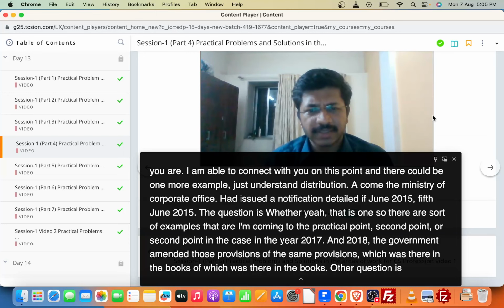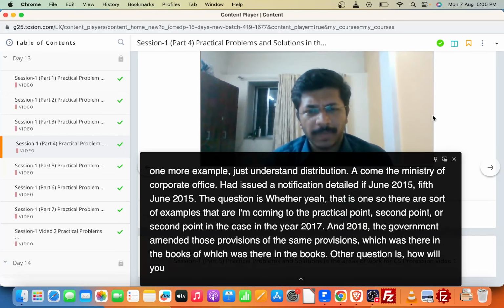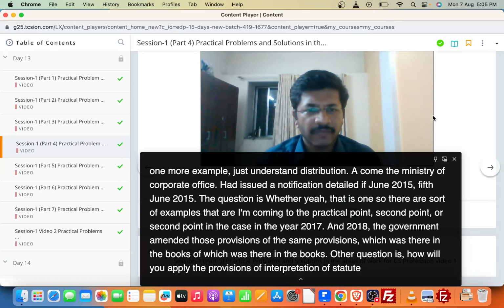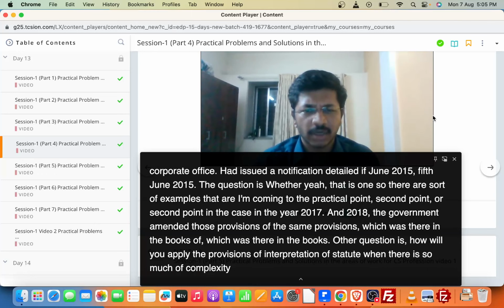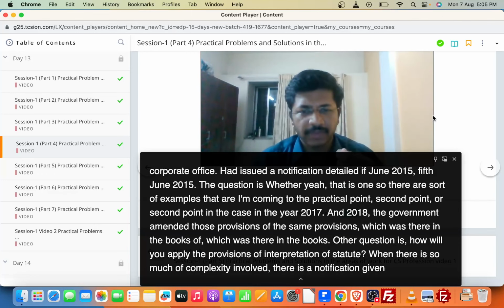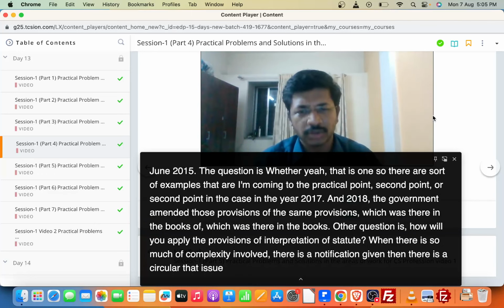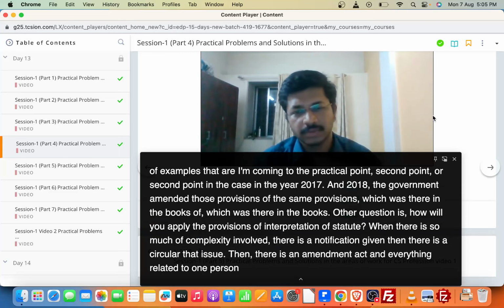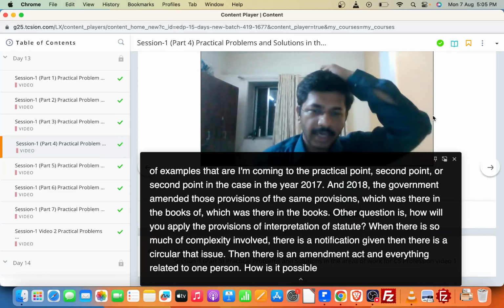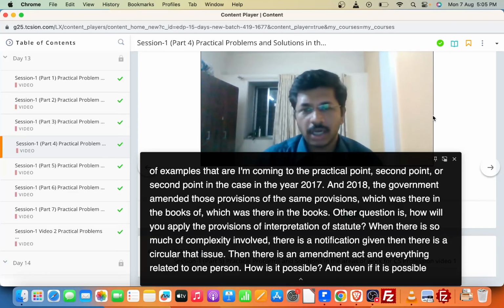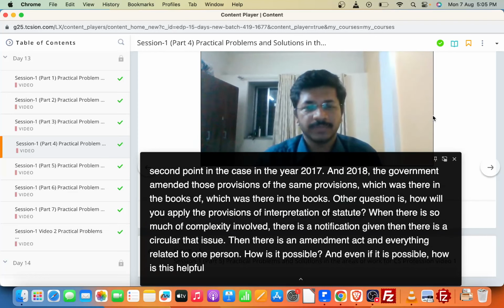Now the question is, how will you apply the provisions of interpretation of statute when there is so much complexity involved? There is a notification given, then there is a circular that is issued, then there is an amendment act, and everything relating to one person. How is it possible? And even if it is possible, how is this helpful?